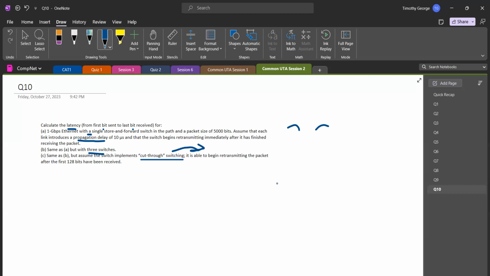So normally what happens in normal packet switching, let's say these are two switches. Data comes, the switch will wait for the full data to load and then only it will transfer to the next.